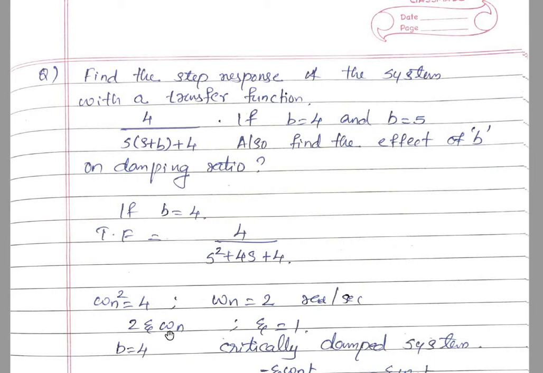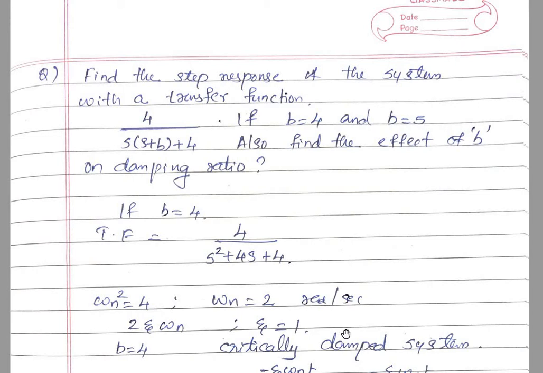So, we just compared the coefficients of s in the original transfer function and the generalized second order transfer function equation, and we get 2 zeta omega n is 4 and the value of zeta equal to 1, that is, the damping ratio is equal to 1.